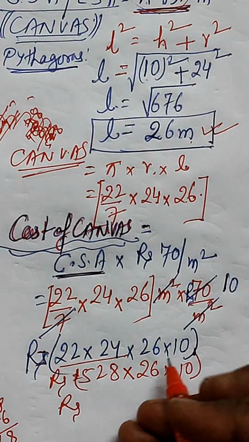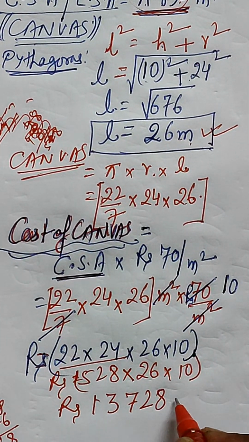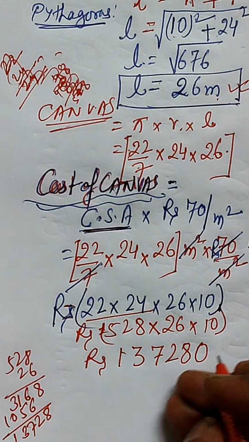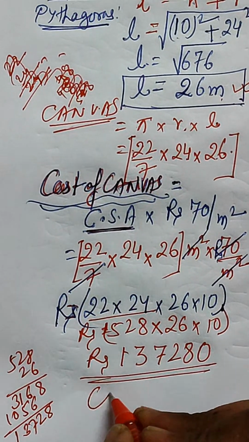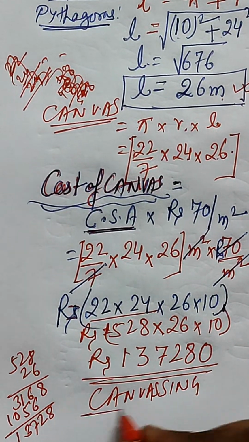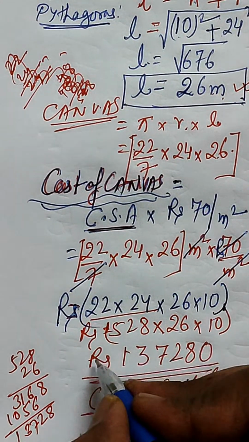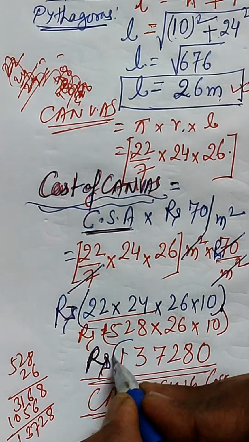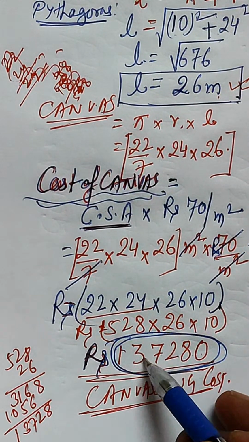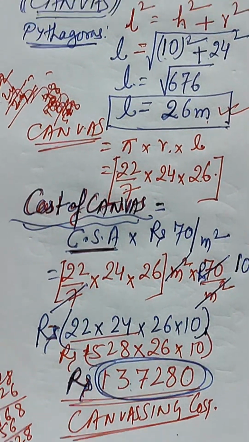So this will give you rupees 13728 multiplied by 10, so it will be a 0 added, right? So 137,280 is the canvassing cost. And mind it, the unit is in rupees, so this much amount is required, that is 1,37,280 rupees is required to make this canvas.